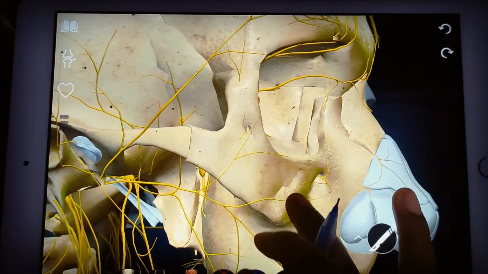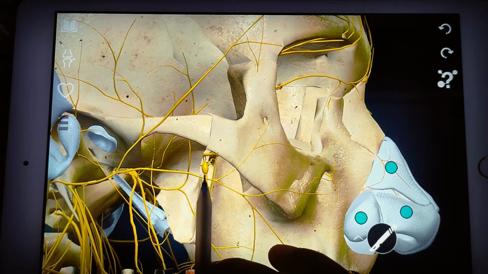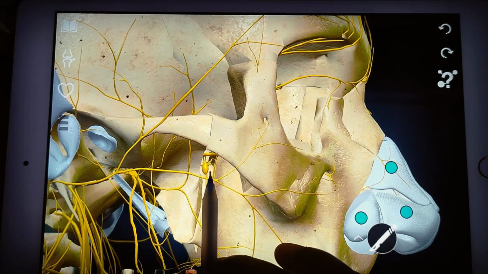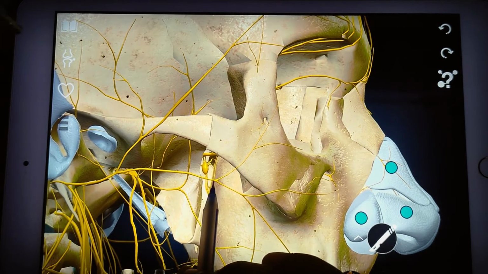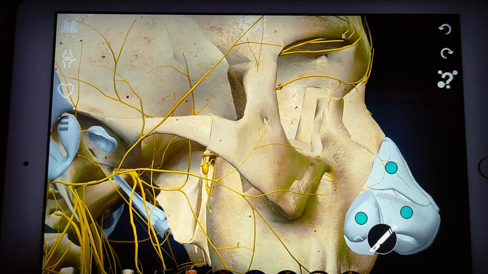Okay, here is your parasympathetic supply and sympathetic supply. The median nerve carries both. The sympathetic supply comes from the sympathetic plexus around the internal carotid artery, and the parasympathetic supply comes from the greater petrosal nerve. The greater petrosal nerve is your parasympathetic supply, and the deep petrosal nerve gives your sympathetic supply.